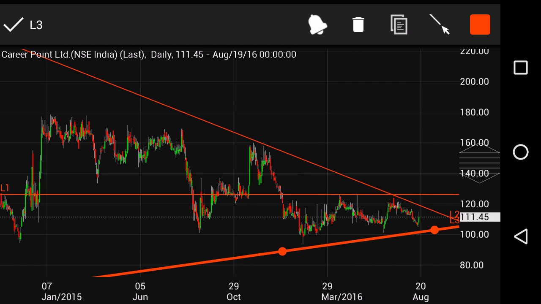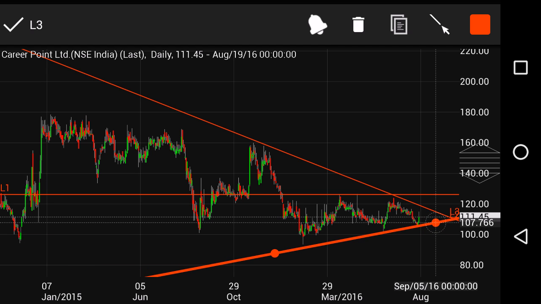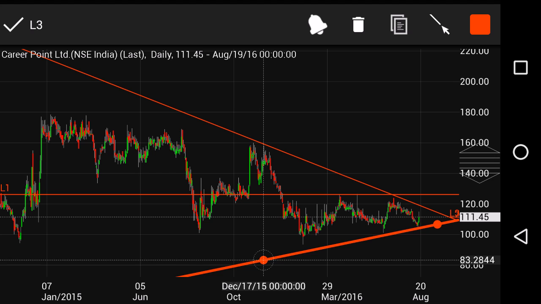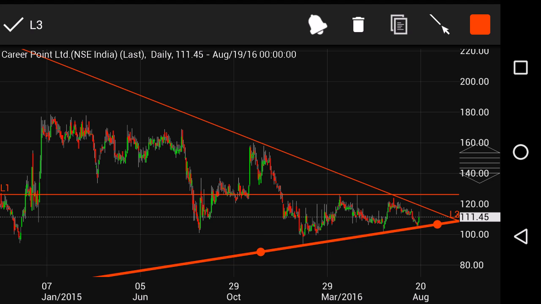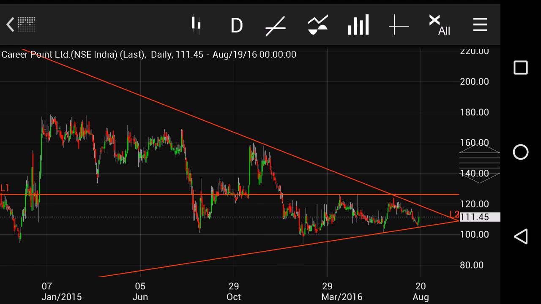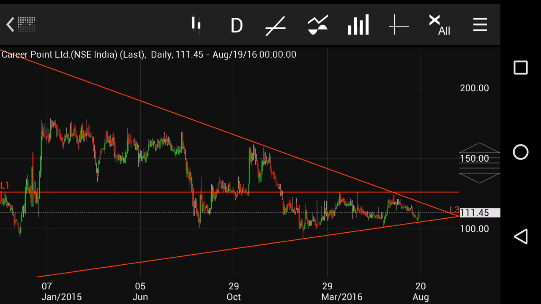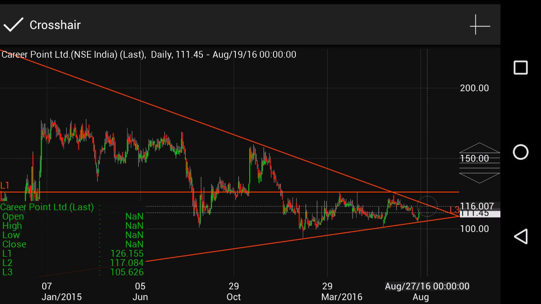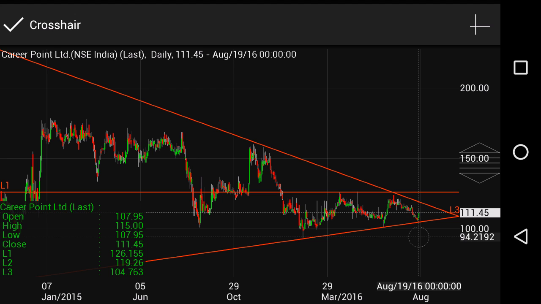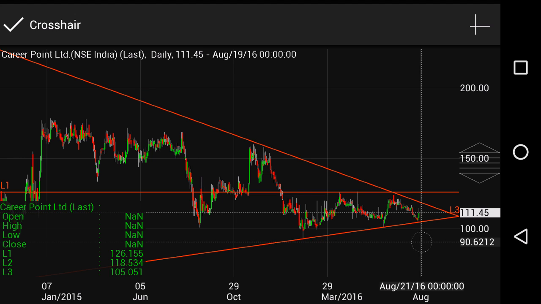The stock may have a good risk reward because the volume is building up at the lower levels, and it may try to break out. There is no clear pattern right now, but it may break out above 117, 119, and as the days go by, the breakout will also narrow down.